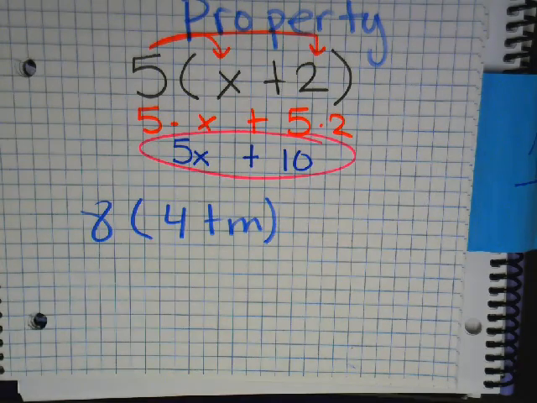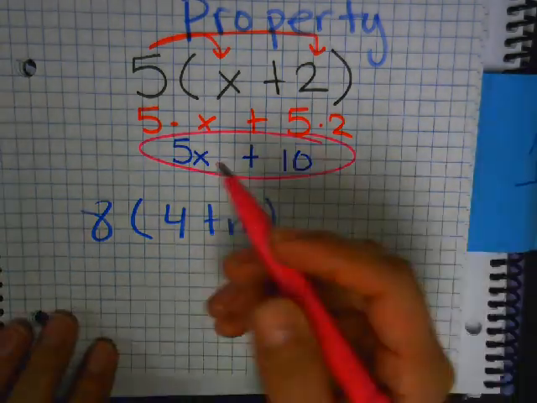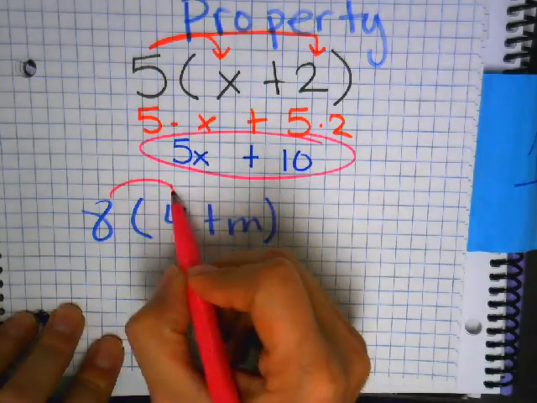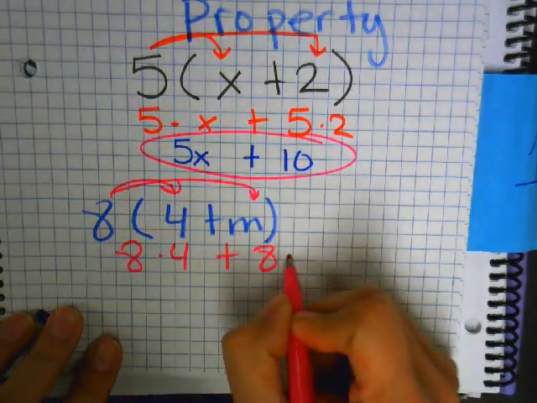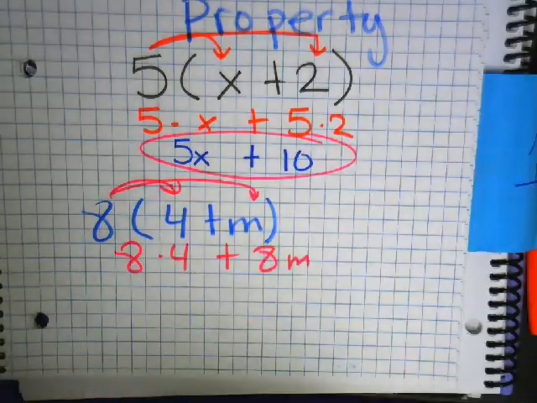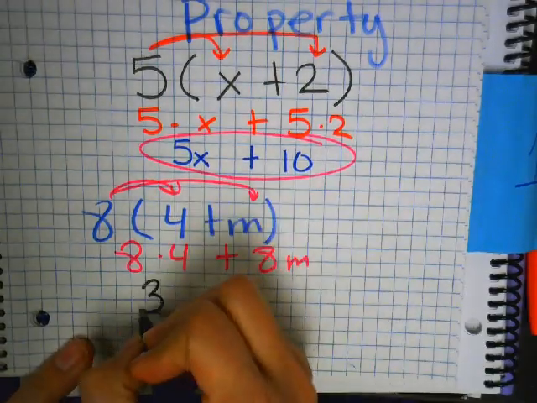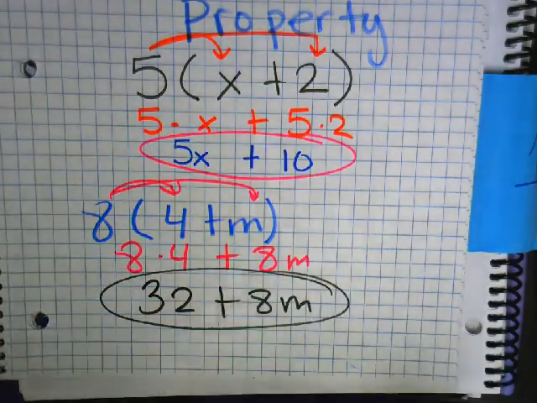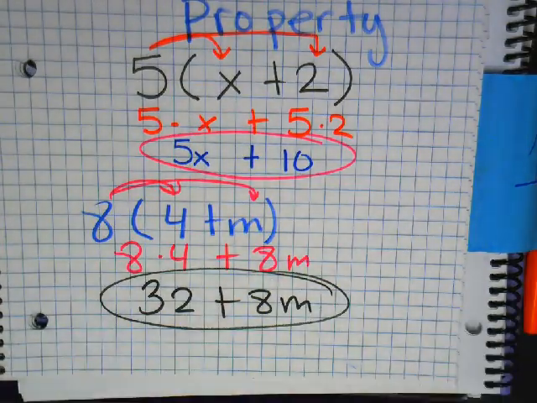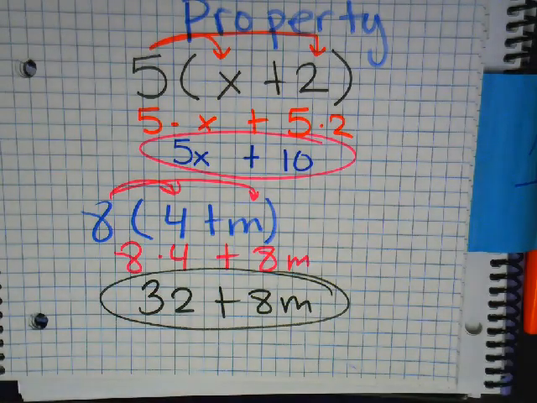Plus 8m. So 8 times 4 plus 8 times m. So 8 times 4 is 32 plus 8m. Okay? Any questions? We okay?